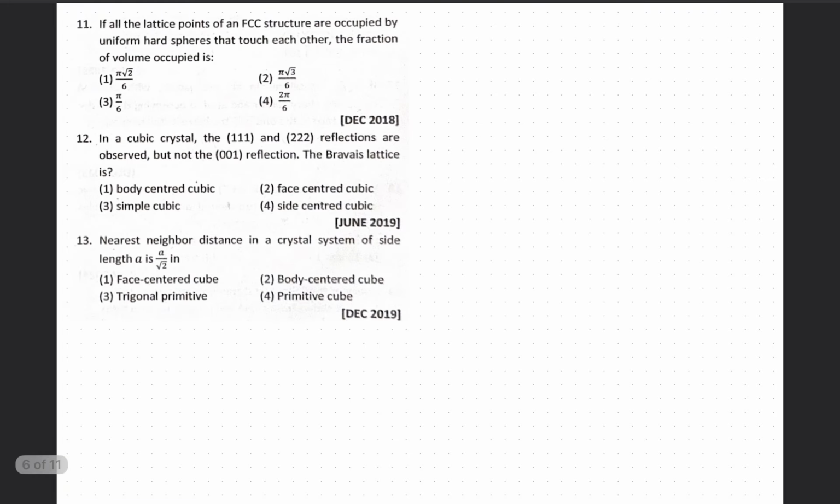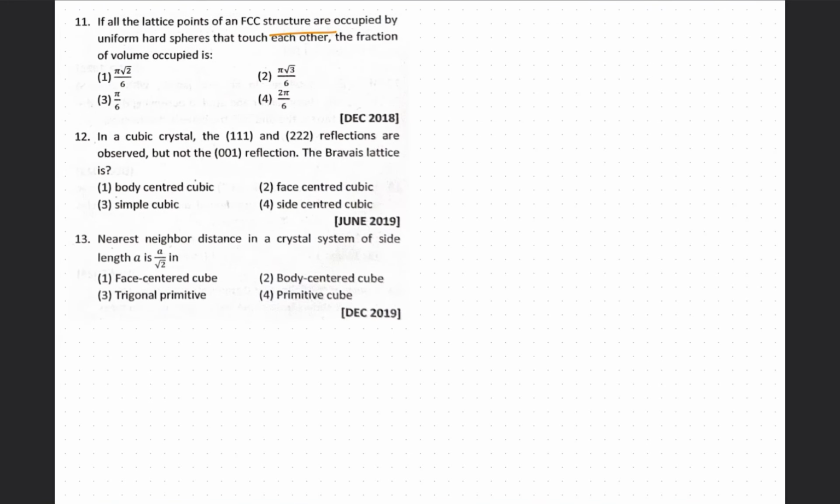Now if all the lattice points of an FCC structure are occupied by uniform hard spheres that touch each other, then the fraction of volume occupied is. Now see, here also they are asking about packing fraction. The same formula will be used. In FCC, the value of Z, that is the number of particles present per unit cell, is 4, into the volume 4/3 pi r cube.